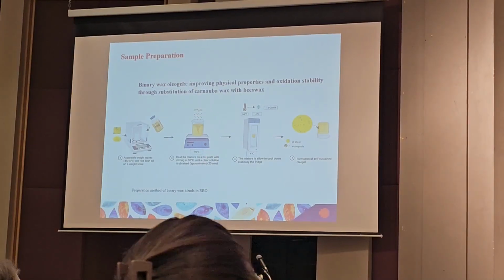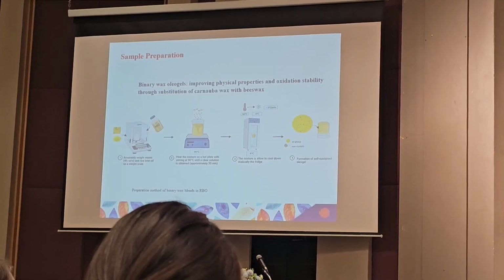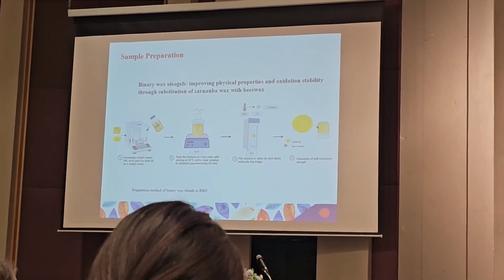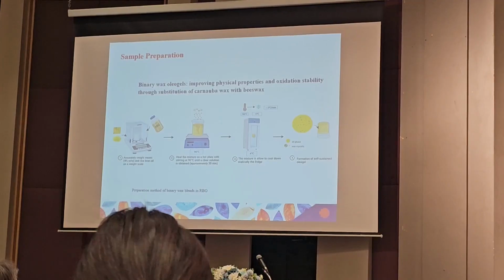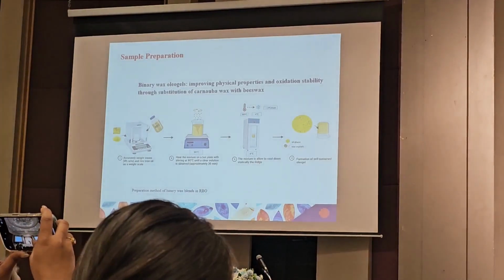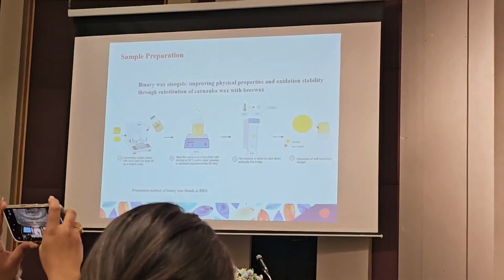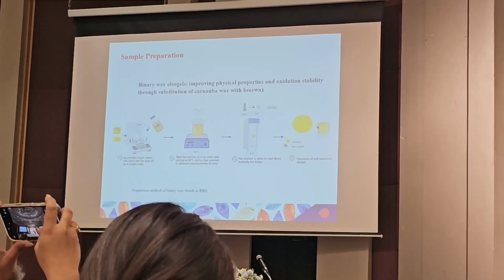It has to be above the melting point of the gelator. If it's beeswax, it could be low. If it's carnauba wax, it has to be higher. Mixed, again, you have to go to the temperature of the higher melting point of the gelator. And then after that, we let it cool down and we get oleogels. Pretty simple.